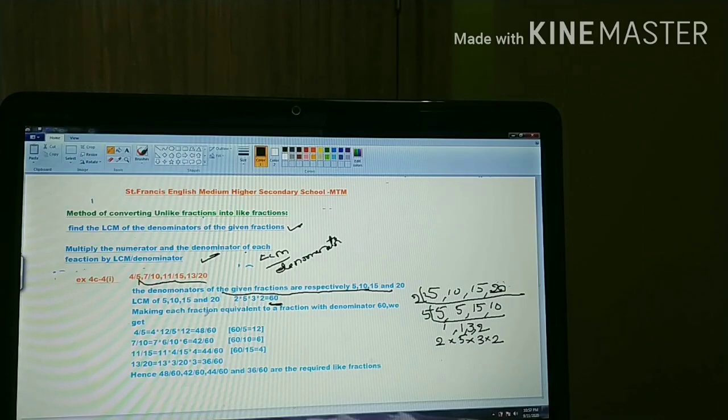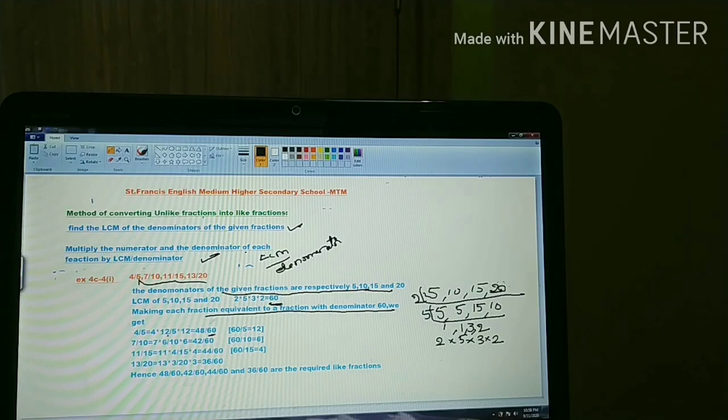Now what we have to do? We have to make each fraction equivalent to a fraction with denominator 60. For that, we have to multiply the numerator and the denominator of each fraction by LCM divided by denominator.